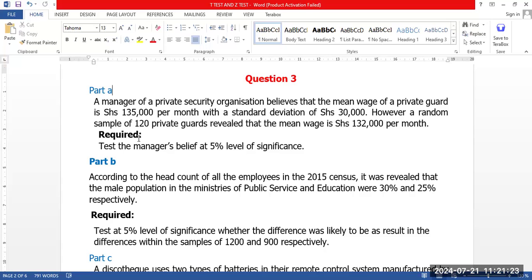That is the value of the test statistic. Then we also need the value from the table. Those are the two things that we need: the computed value and the value from the table.